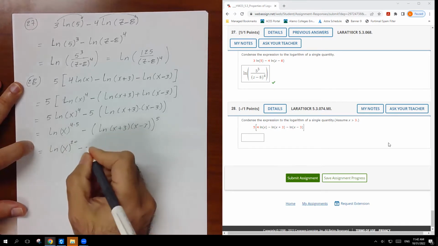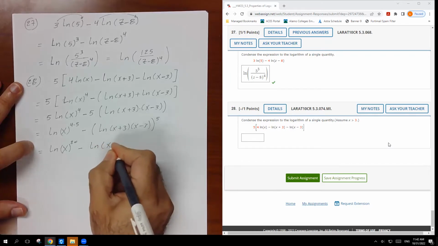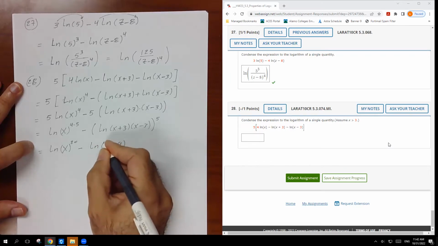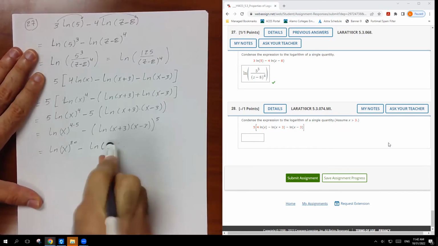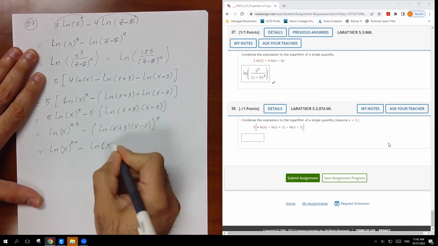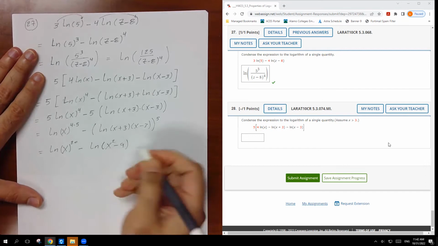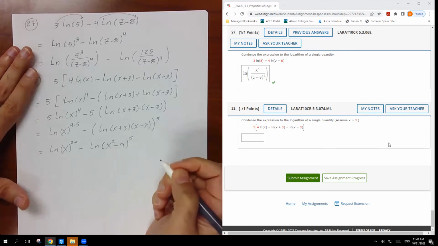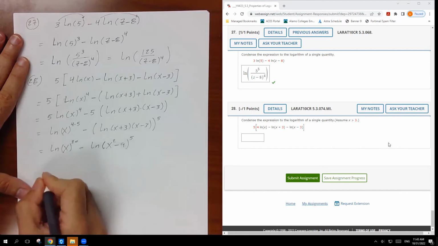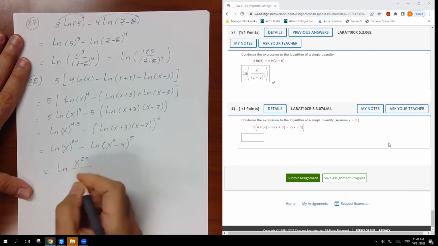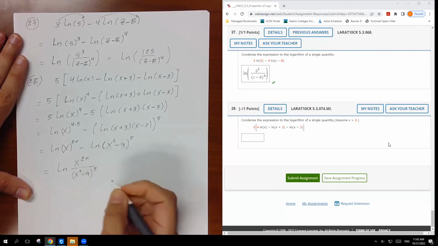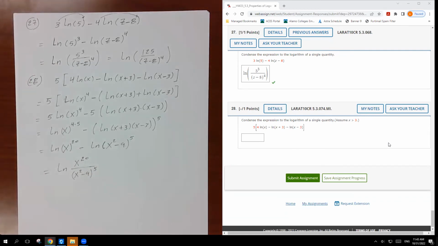So if you multiply, it's going to be ln of x minus 9, sorry, x squared minus 9. And here is to the power 5. Minus between two ln, so it's going to be ln of x to the 20 over x squared minus 9 to the power 5. So we wrote down this as a single ln.